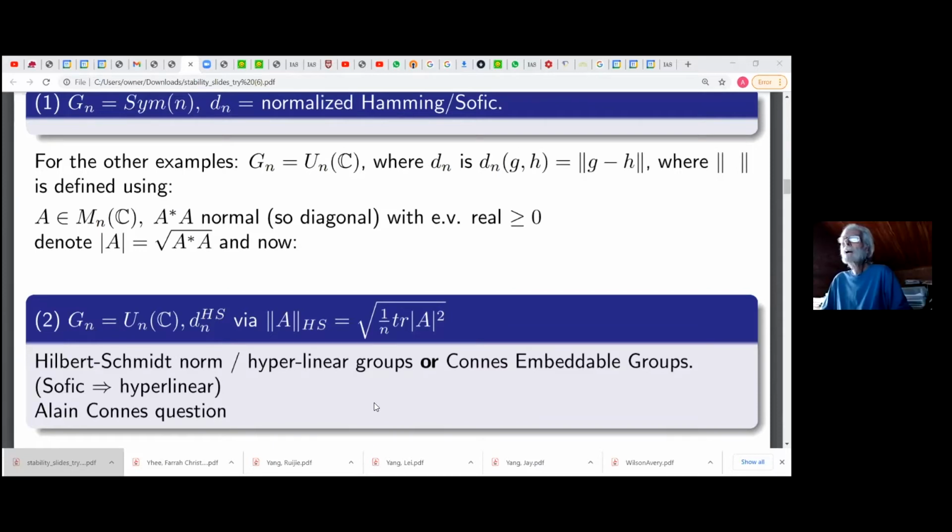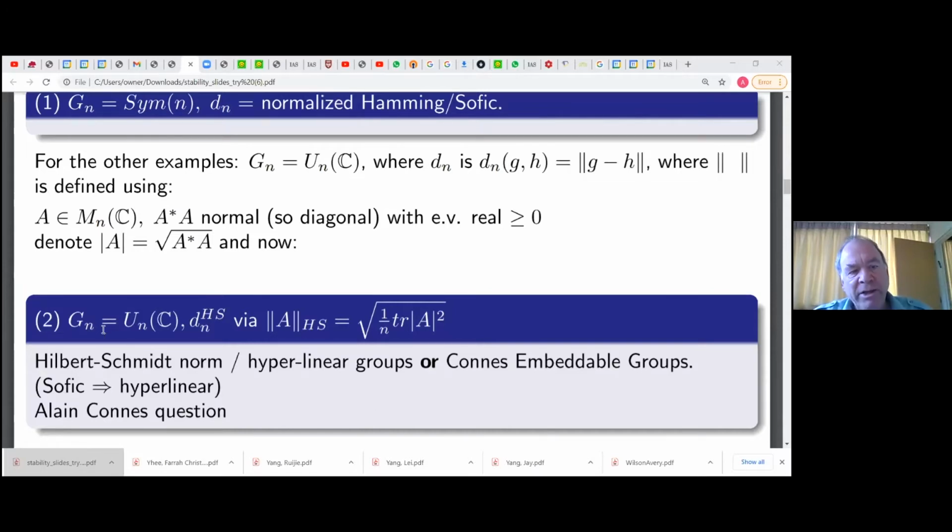Now I have the definition of being G-approximated, namely approximated with respect to these groups and this specific Hilbert-Schmidt metric. It turns out that what we now call G-approximated is also a classical notion, which is called in the literature hyperlinear groups.